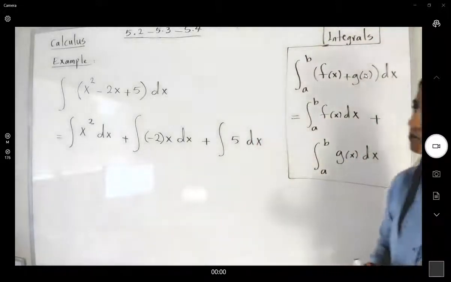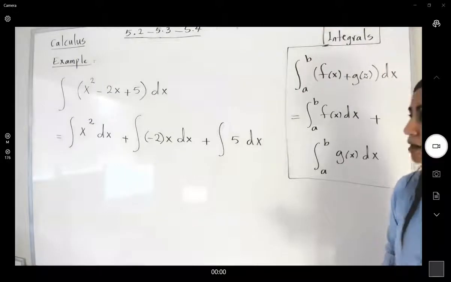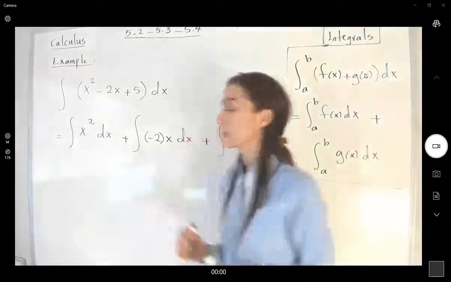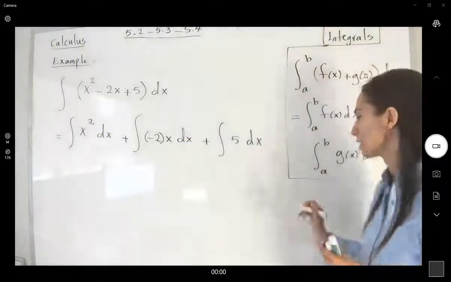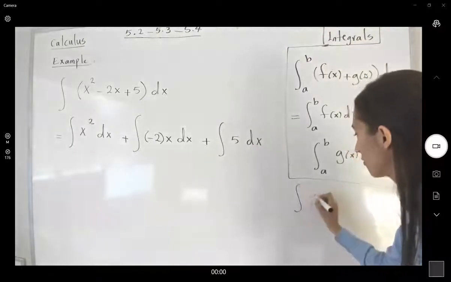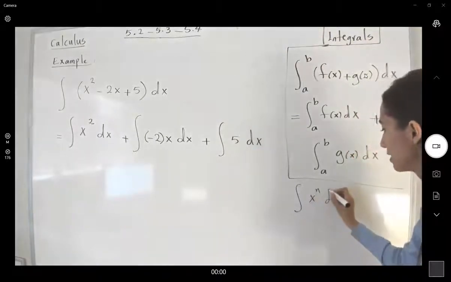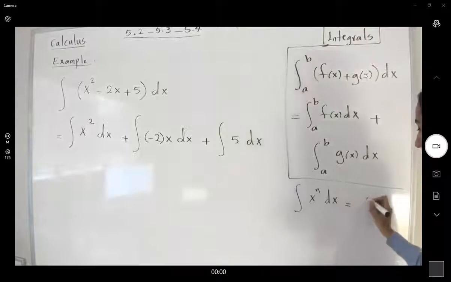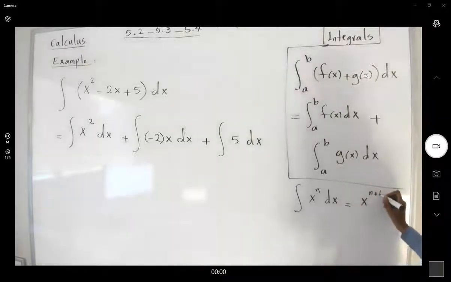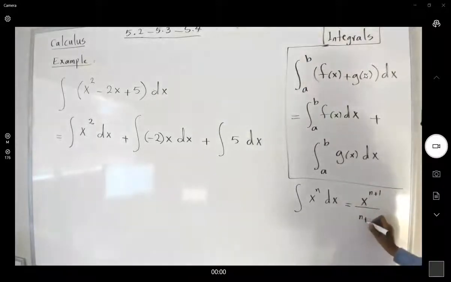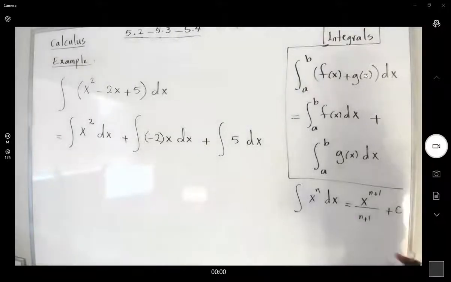Well, okay, I already know how to calculate the integral of x to the second power. The integral of x to the n dx is x to the n plus 1 divided by n plus 1 plus a constant of integration.